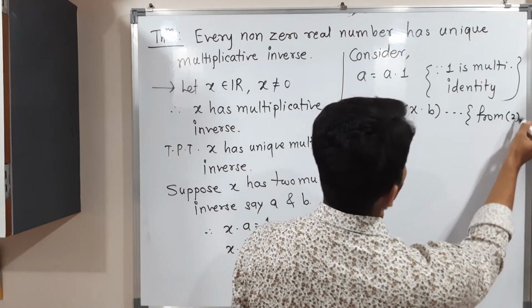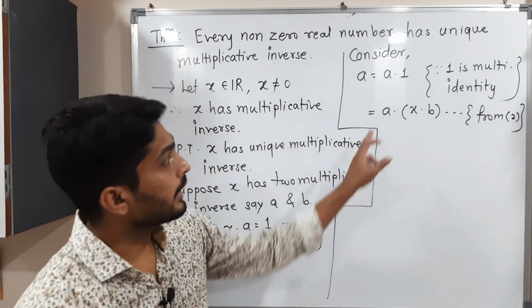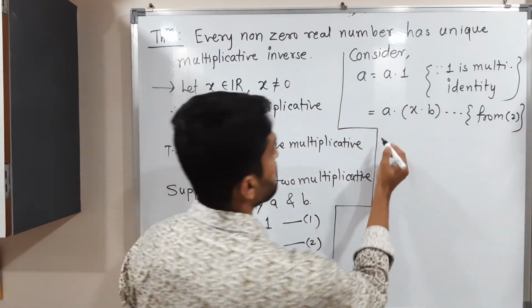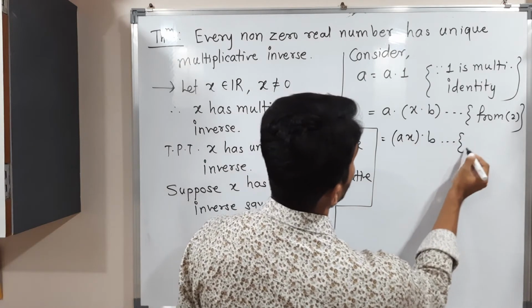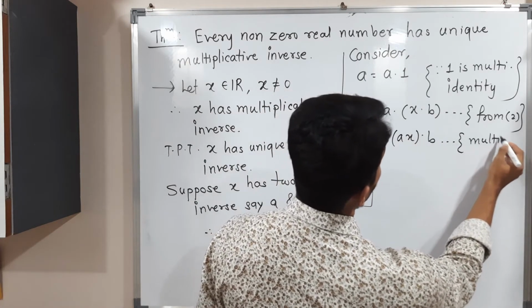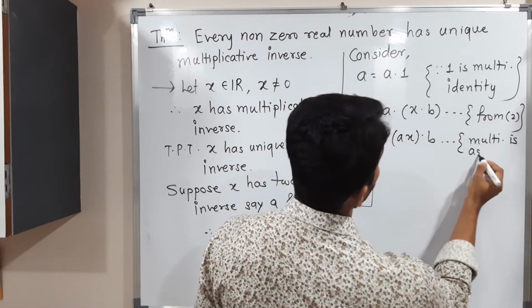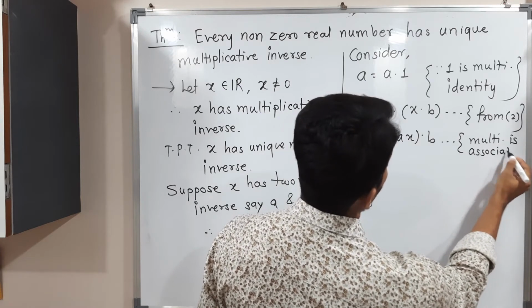From 2. So A into x into B is same as A into x into B because multiplication is associative. You remember now all those properties.